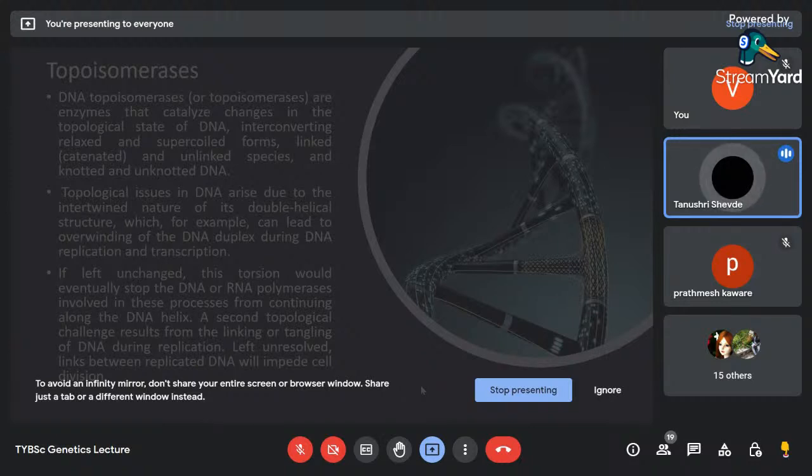A second topological challenge results from the linking or tangling of DNA during replication.